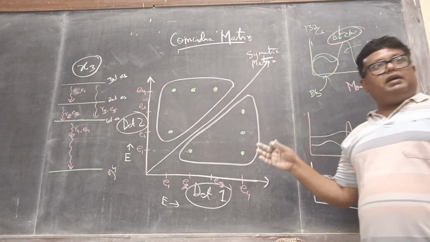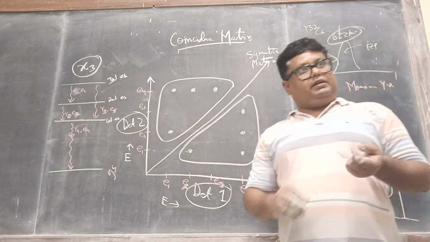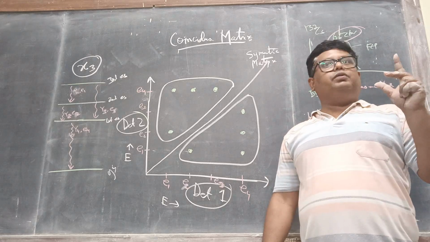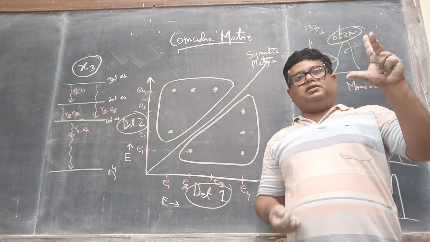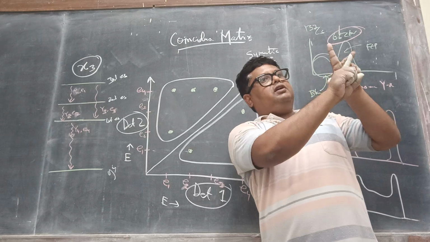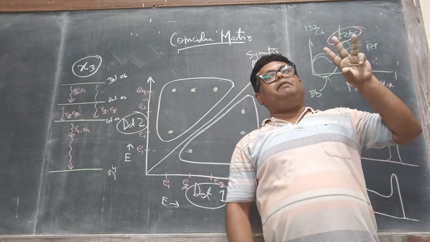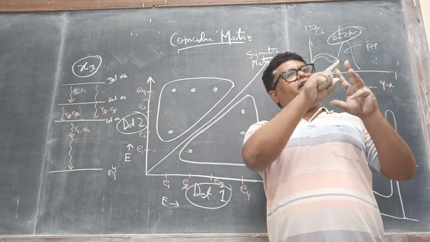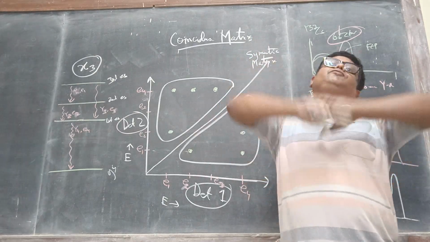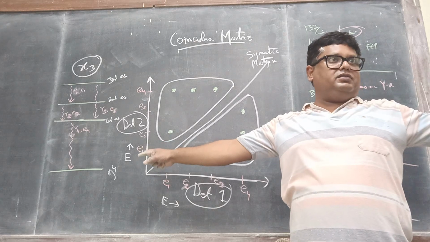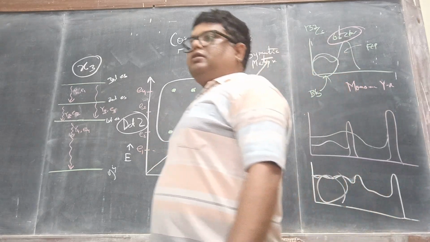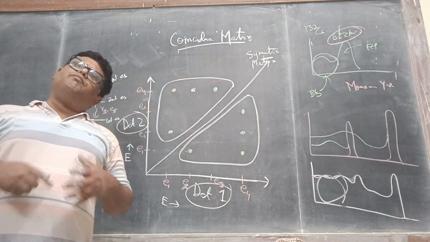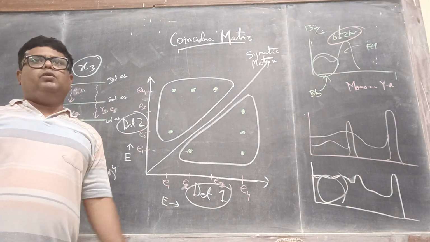Now you see, I am just talking about two detectors. It's possible to create a cube where we will have three axes: detector 1, detector 2, detector 3, and then a hypercube where there will be 4 axes, and a hypercube with 5 axes, and that is possible if we have so many detectors. Normally in nuclear physics experiments nowadays we have a large number of detectors, more than 20.